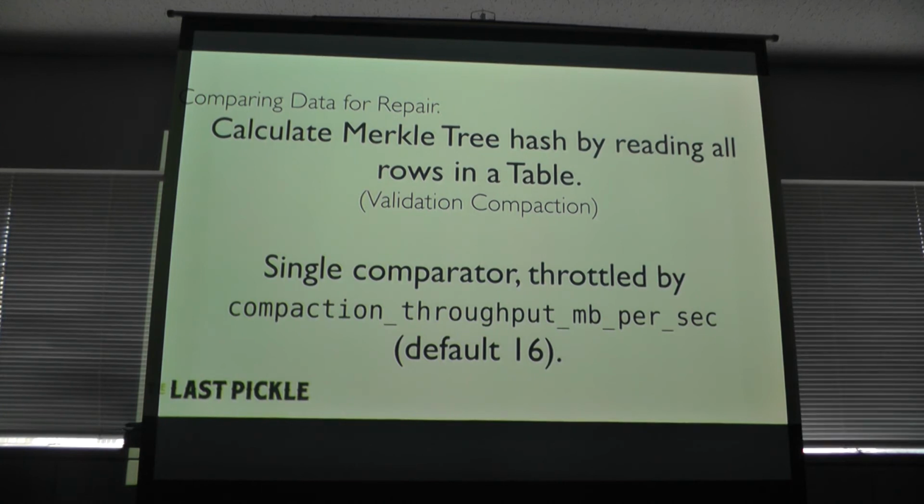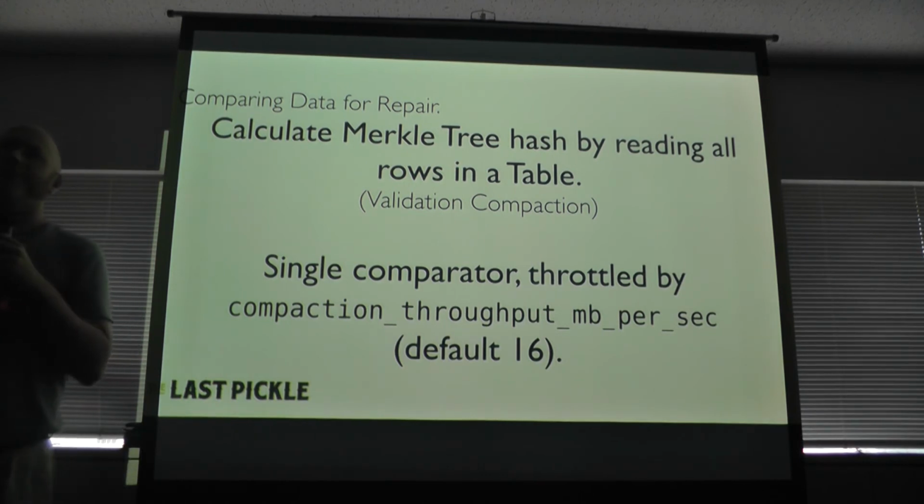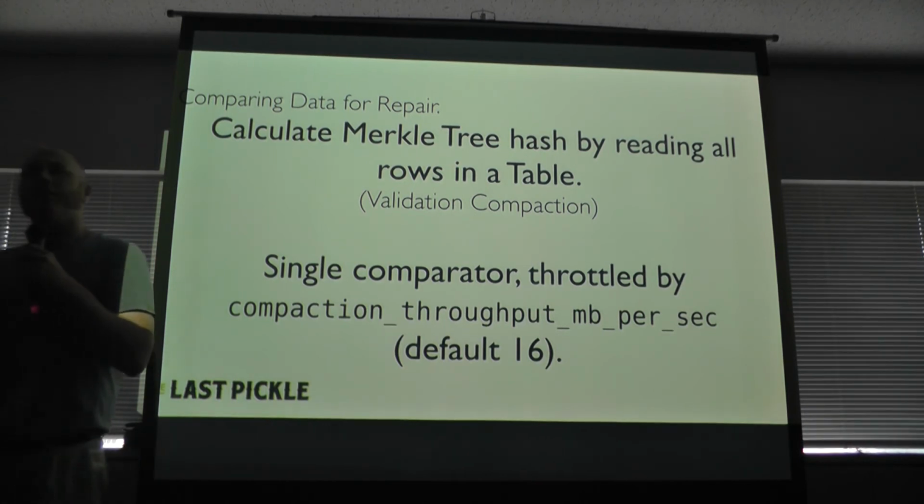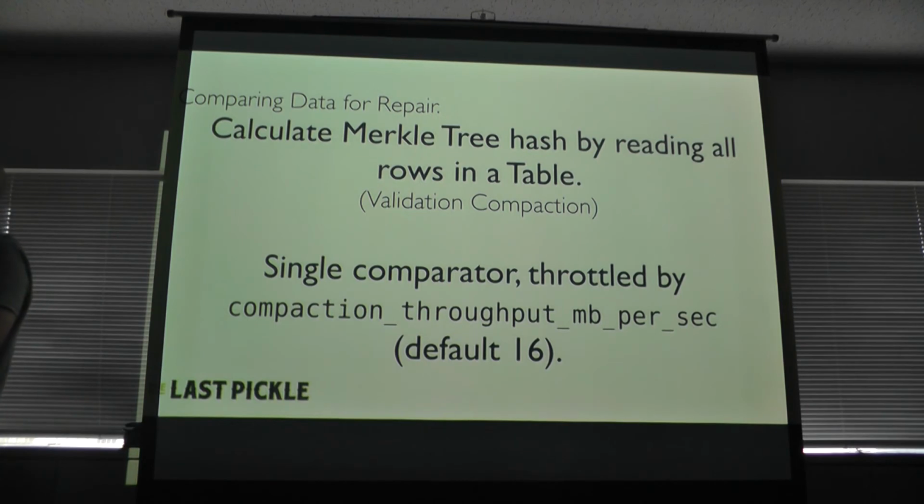So that first process of comparing involves calculating the hash tree, the Merkle tree, which, as Jonathan said, involves reading all the rows in your table. And this is called a validation compaction. If you use nodetool compactionstats while repair is running, you might see this happen. This runs through all the compaction mechanisms in Cassandra, and so it's throttled in the same way that we throttle compaction.